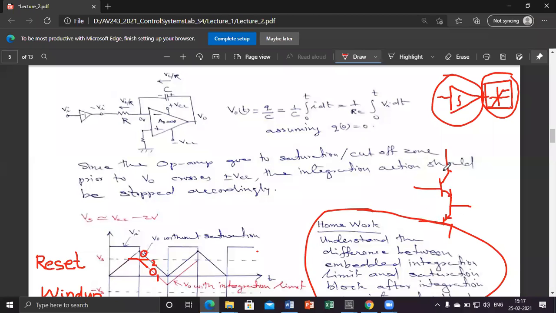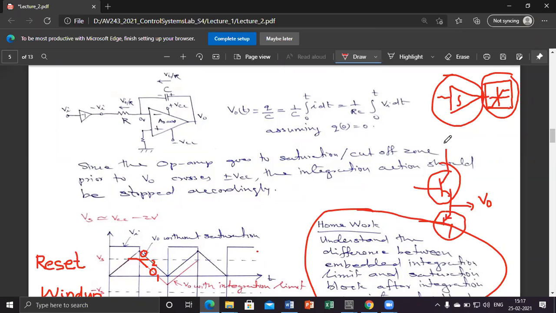For example, I am showing one configuration. So this is the output VO, taken from the emitter, for one NPN transistor and one PNP transistor. So finally, what I want to say is that both these are working in the active domain only, not in saturation or cutoff.